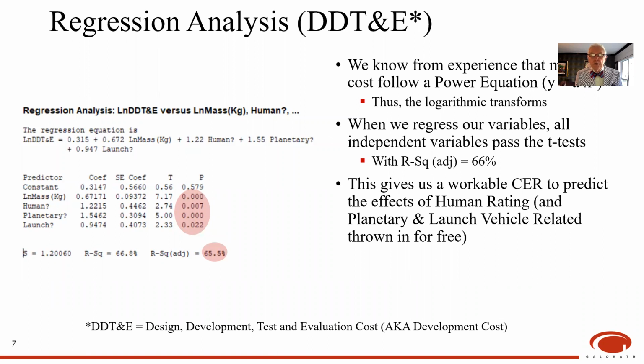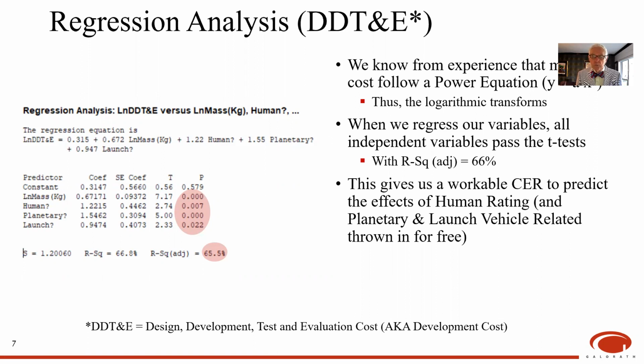Now, when we did the regression here, all our independent variables passed the t-test, and that's shown in that oval there. The p-values are the t-test, and generally you want something like 0.05 or less. The lower the better. Mass is 0.00, which is great. Human rated is 0.007, which is also very good. Planetary is all zeros, that's good.